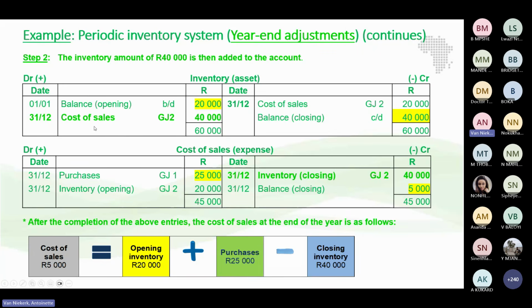And yes, then it will make more sense later on when you do it. For now, in this particular topic where we do year-end adjustments, you need to follow the steps that you have to learn now to make sure that you record the year-end adjustments correctly.